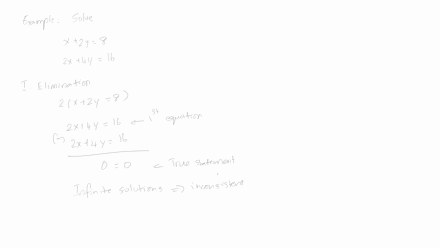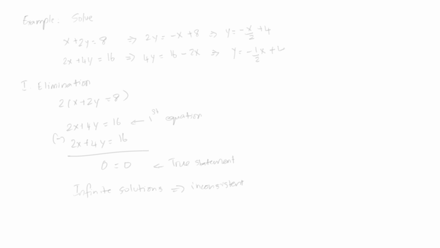What does this mean geometrically? If you rewrite it, the first equation would be y equals minus x over 2 plus 4. The second equation is 4y is equal to 16 minus 2x. Divide by 4 on both sides, you'll get minus 1 over 2 x plus 4.